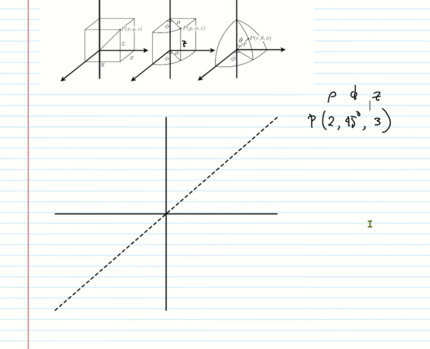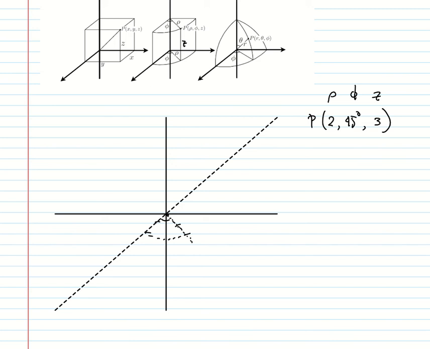First, we start at the origin. We count 2 units towards the x-axis, so 1 and 2. Then what will we do next? We rotate this by 45 degrees. So we go in this direction until it's 45 degrees somewhere here. We have already rotated this 1 and 2.